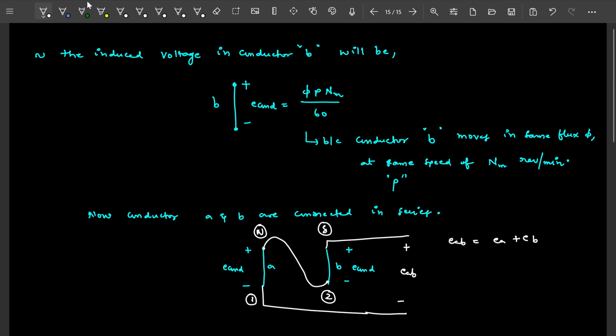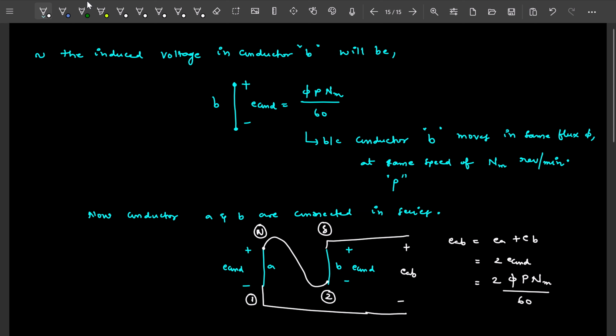That is, we are going to get 2 E conductor voltage by KVL. Then how much are you going to get this voltage? 2 phi P nm divided by 60.